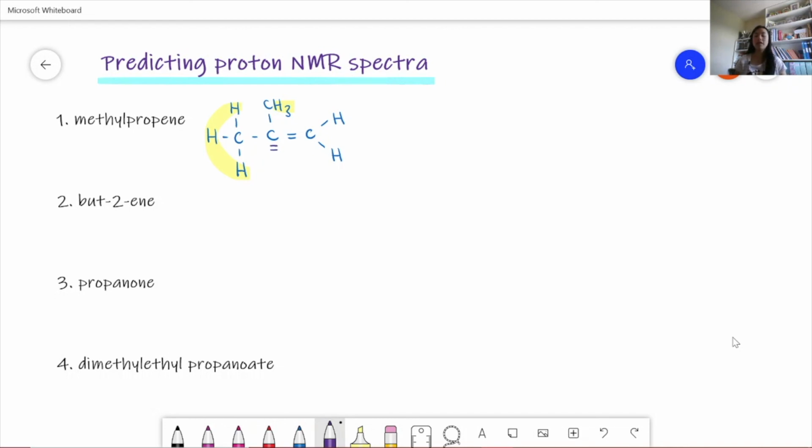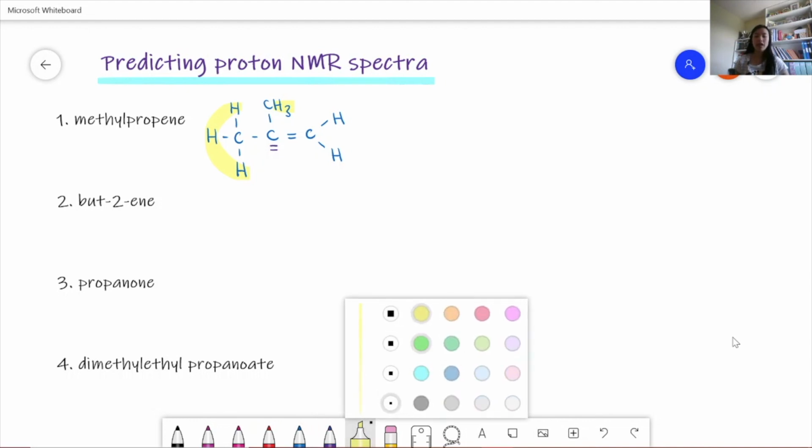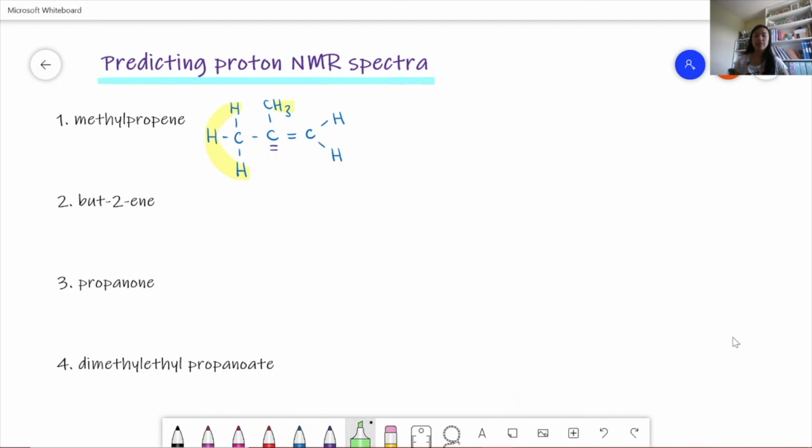And so all of these 6 hydrogens are actually in the same environment. And then looking at these 2 hydrogens, these are in the same environment as each other, but different to the other 6 because they're attached to a carbon, which is then directly attached to a double bond. And so because we have 2 different environments, we have 2 peaks.